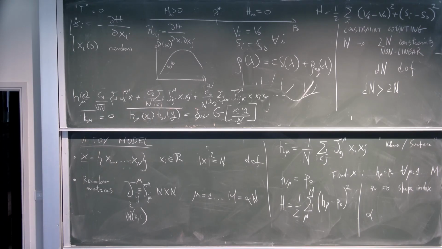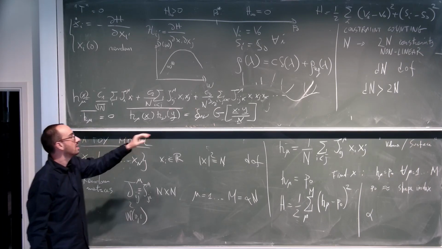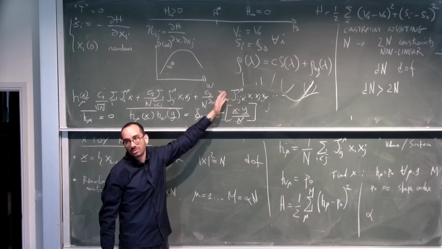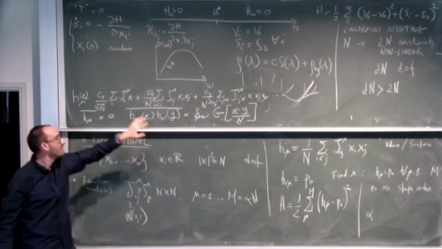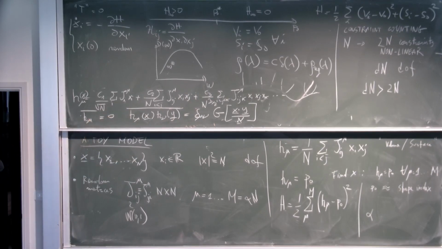Is it important that the indices don't take the same value? Because you sum only over. No, in principle, you can also sum the other. It's just a factor in front. I just do it this way because it's more clear in my mind when you do computation.